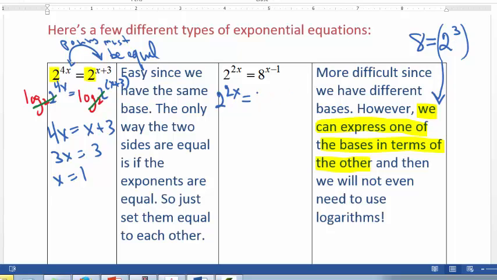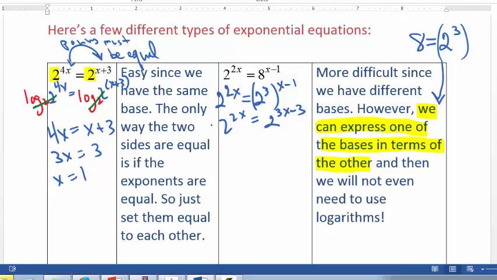So 2 to the 2x equals 2 to the third to the power x minus 1. And now it looks very similar to the one that we had on the left over there, where I can multiply those two powers there. So it's 2 to the 2x equals 2, right, because power to power you multiply, 2 to the 3x minus 3.